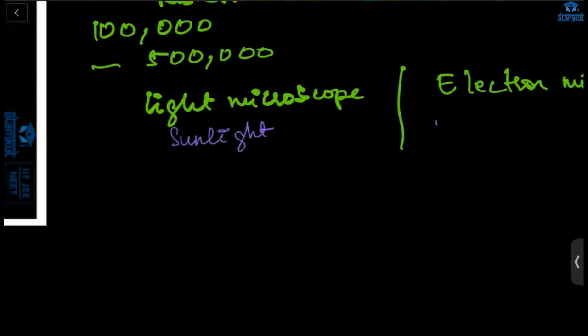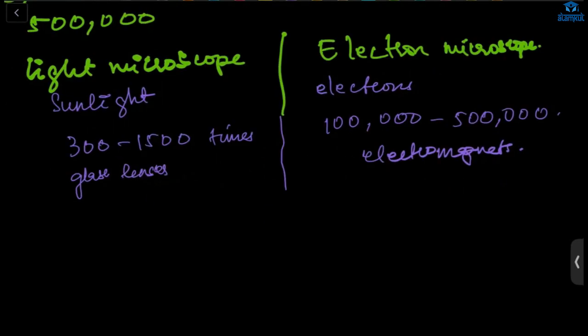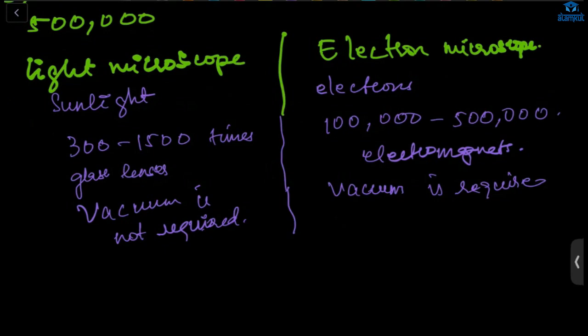Light microscope can magnify from 300 to 1500 times, while electron microscope can magnify up to 100,000 to 500,000. Here, glass lenses are used, and here, electromagnets are used. Here, vacuum is not required. Here, vacuum is required. It is essential. So these all are the differences.